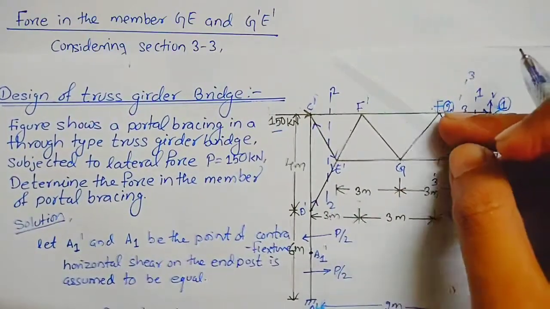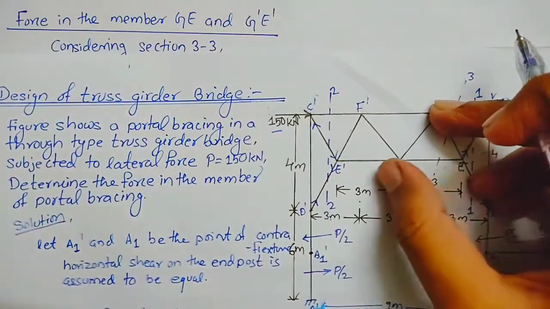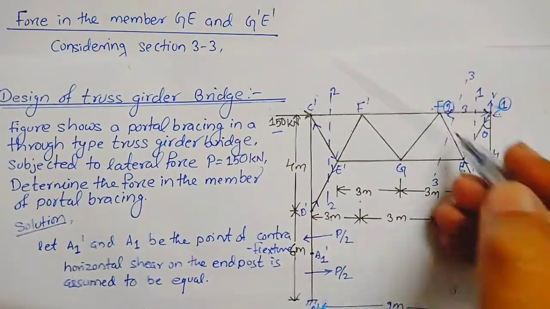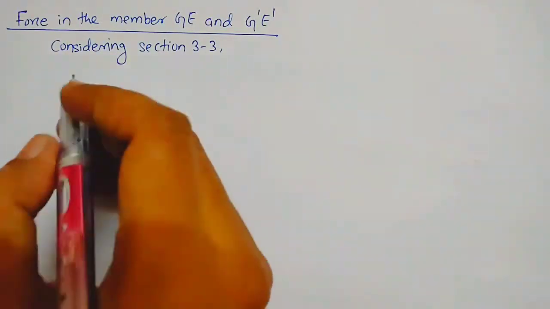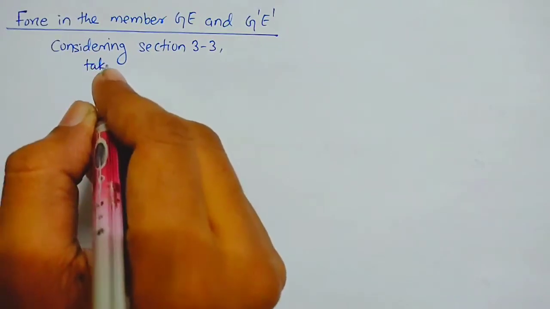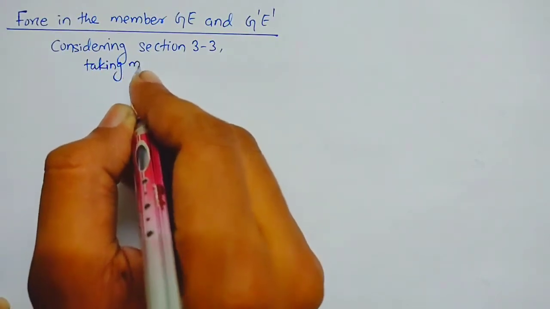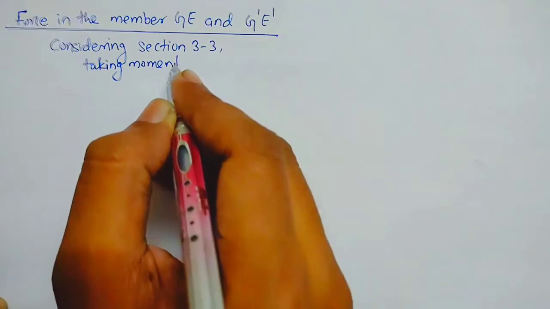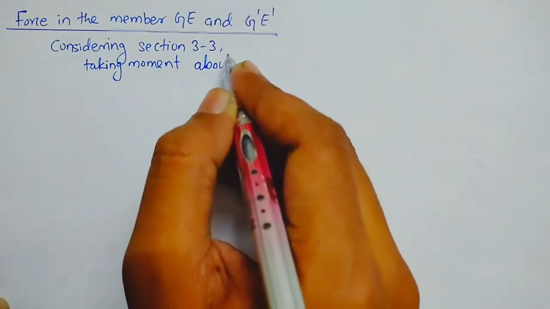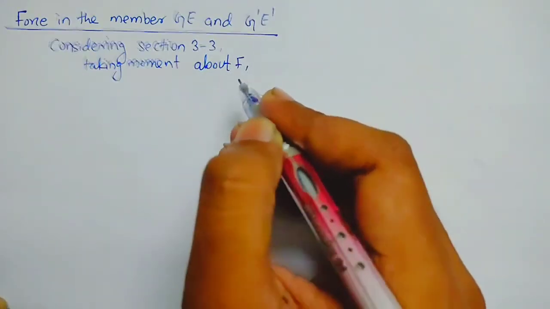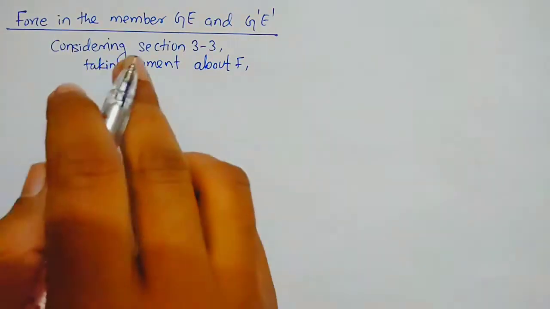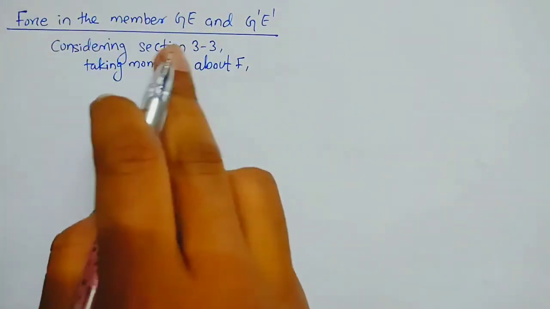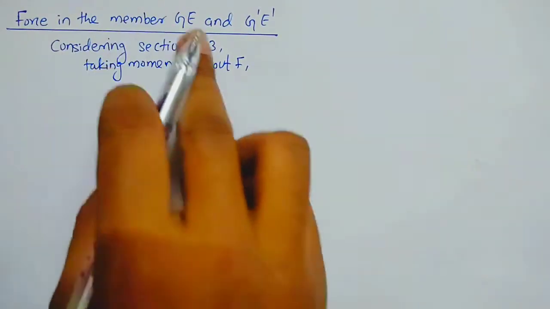So this time let us take moment about F. So this will be our fourth point of taking the moment. So let us write down here, taking moment about F. Our force GE, the force in the member GE, is taking clockwise direction.